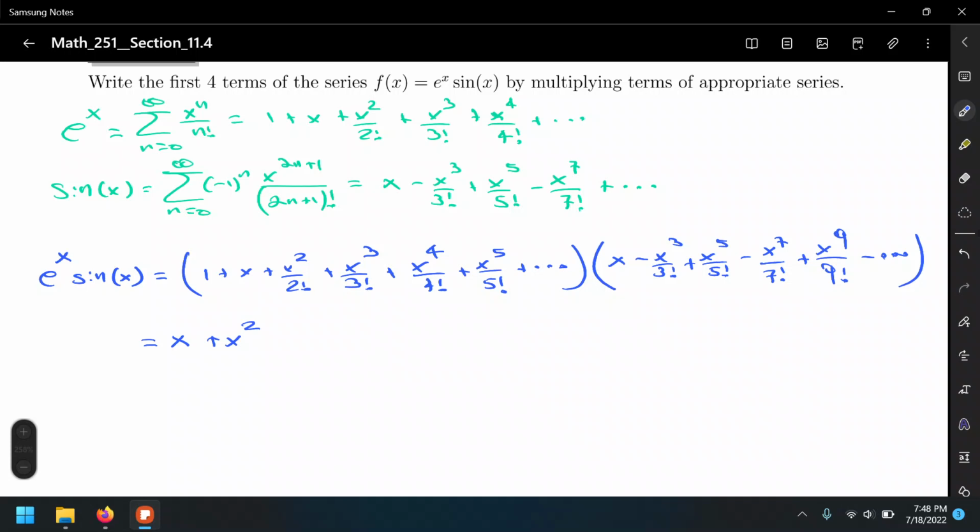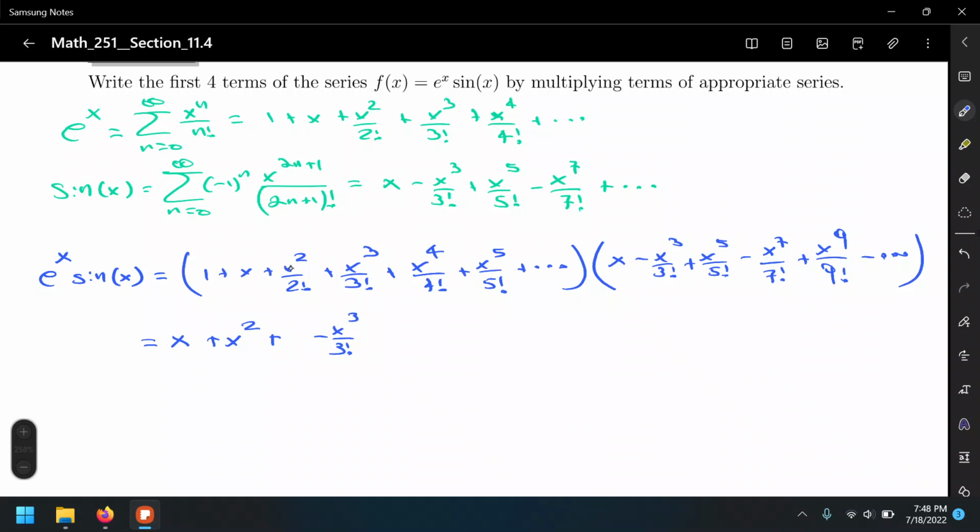Now let's think of the cubes, and we need to be very careful here. Let's see if we can get 1 times, here it is, negative x cubed over 3 factorial. So that's one term. However, that's not the only possibility, because x times x, we already did that, that's x squared.